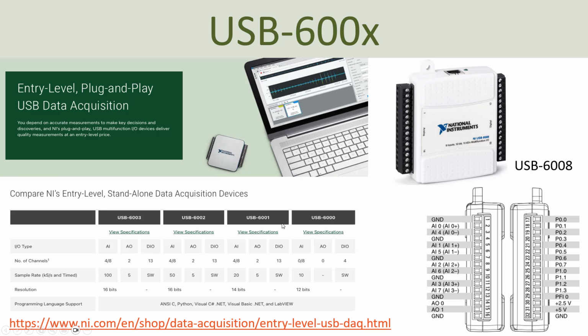Then you have USB 6000, USB 6001, USB 6002, and USB 6003, etc. These are low-cost DAQ devices, but all of them have more or less the same functionality and features. They have analog inputs, they have analog outputs, and they have digital inputs and outputs.